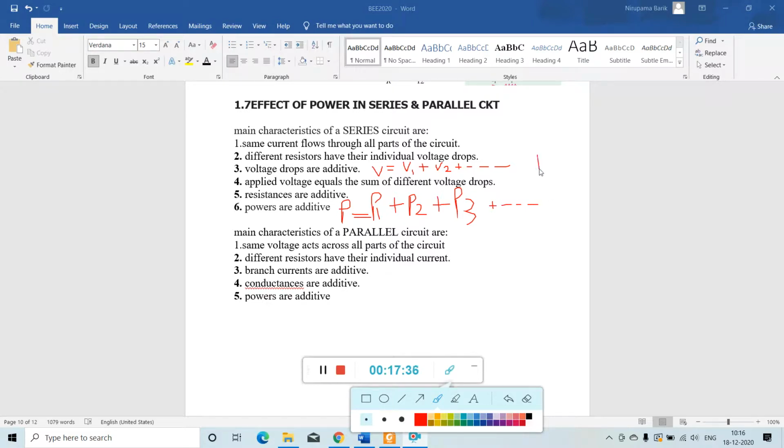So see, the power expressions are I square R and V square by R. By using these two equations, you can find out the power in each individual resistance.